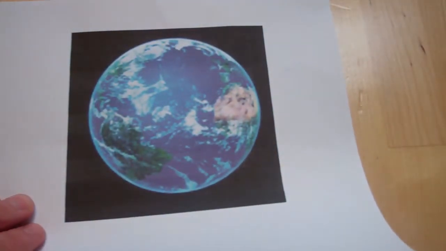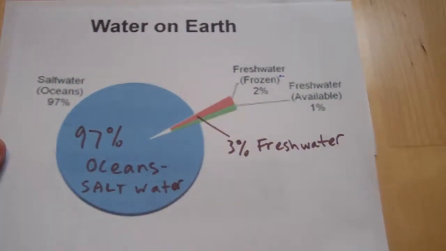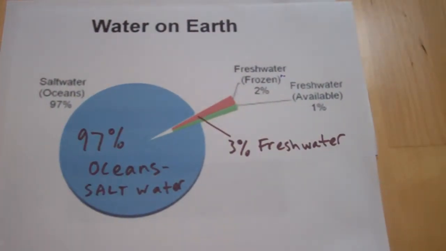All right, so they call the Earth the water planet, or the blue planet. So here's a picture of the Earth. And as you can see, most of it is water. 97% of the Earth's water is in the oceans, okay?